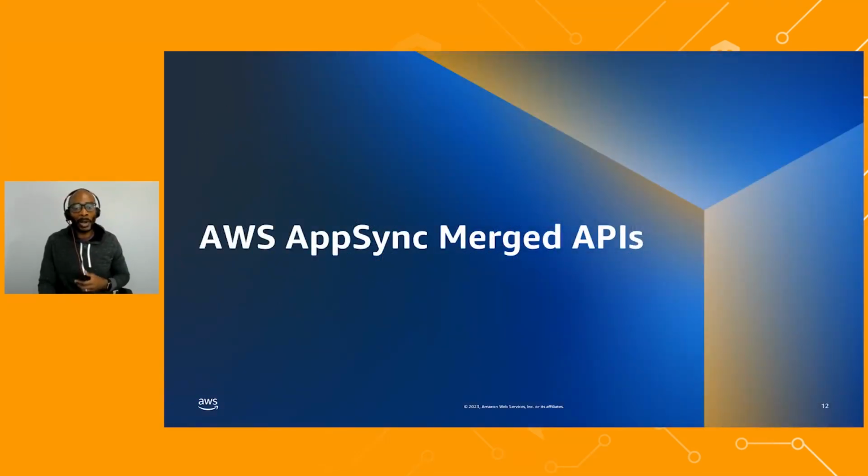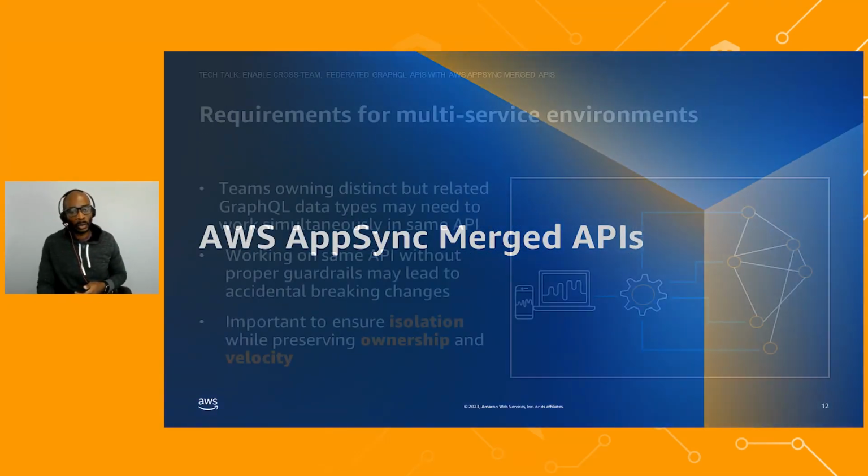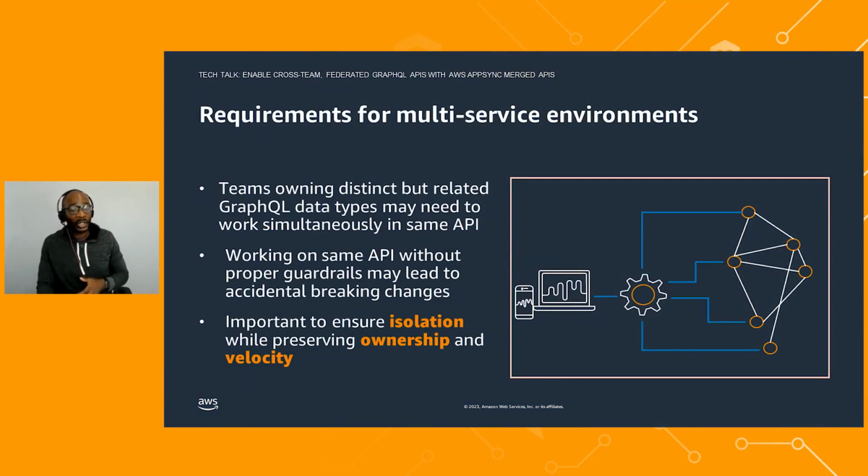So let's talk a bit more about merged APIs. As usage of GraphQL grows in an organization, the need to federate API configuration across multiple teams and AWS accounts emerges. Teams within a single organization want to be able to create, manage, and deploy resources independently in order to separate concerns and increase their development velocity.